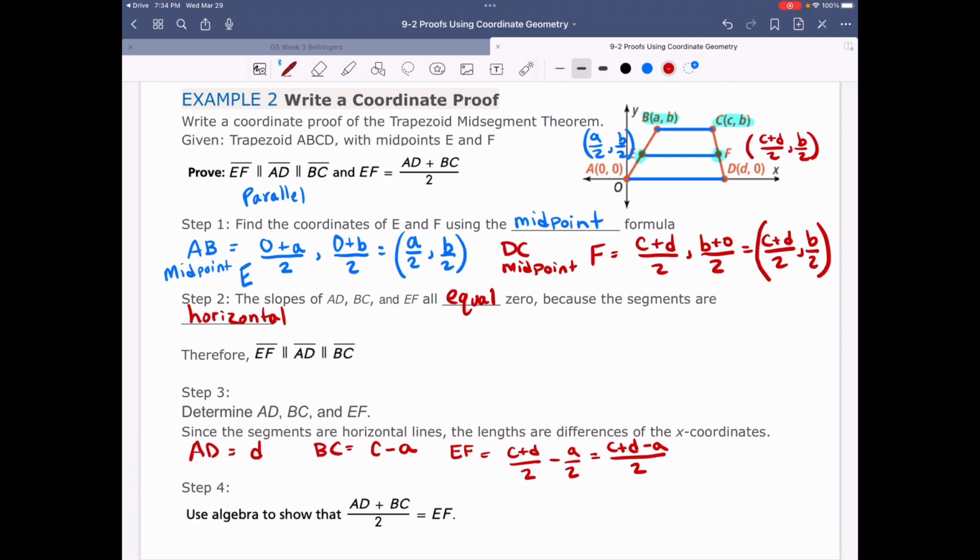Which looks like it's true because if we substitute in d for AD and we substitute in c minus a for BC, because that's what they were, you would get (d plus c minus a) over 2. And that is equal to what we got for EF. You just have to change the order of the c and d. And that is how we prove the trapezoid midsegment theorem. Nicely done.